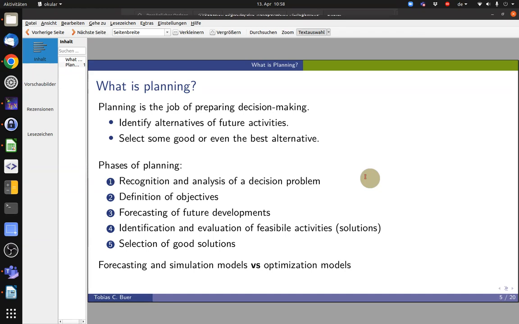In the second step, we define what we want to accomplish, what we want to achieve. So what is our objective when we make the decision? When you apply for a job after you graduate, what is your objective with this job? Do you want to have a high salary?